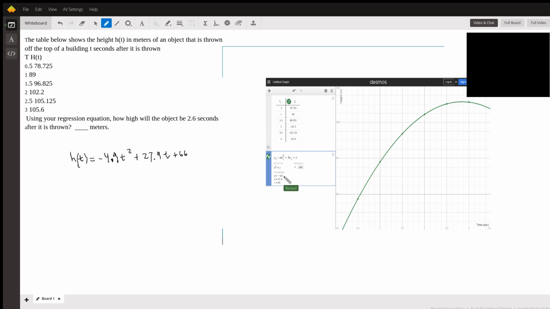So you can see from down here, these are the values that Desmos produced, and now they want to know H of 2.6, and you would just plug that in.